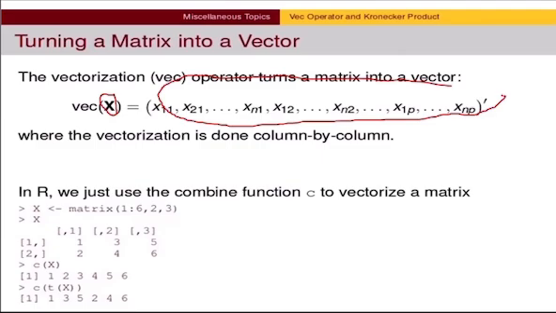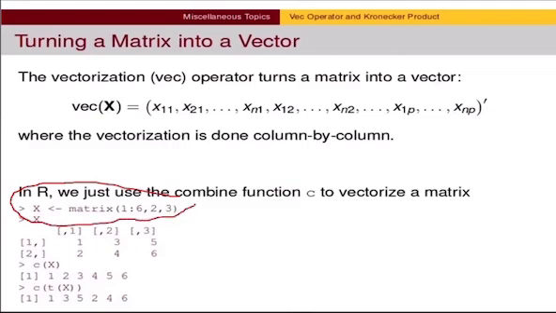How do we do this in R? Take a look at what I have right now. I'm simulating a matrix X using the numbers 1, 2, 3, 4, 5, 6, and I want the dimension of my matrix to be 2 by 3. This is the resulting matrix.